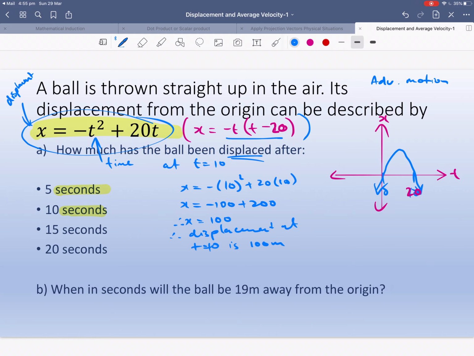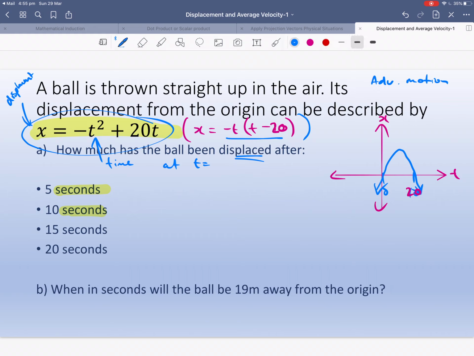Let's see what's happening after 15 seconds. I'm going to do the same thing as before, so please pause or rewind. After 15 seconds, x equals minus 15 squared plus 20 times 15. We know 15 squared is 225, so minus 225, plus 20 times 15, which is 300.